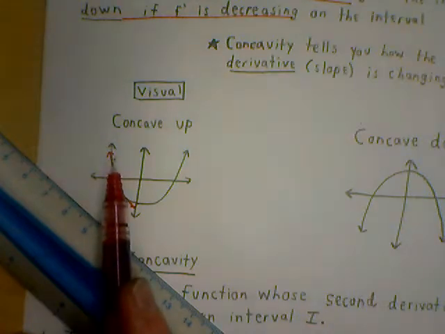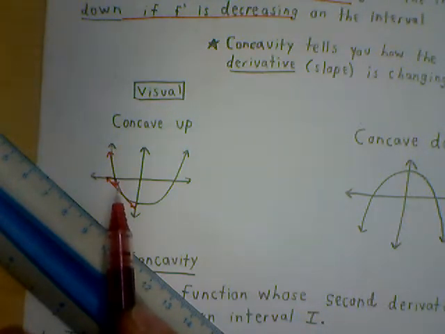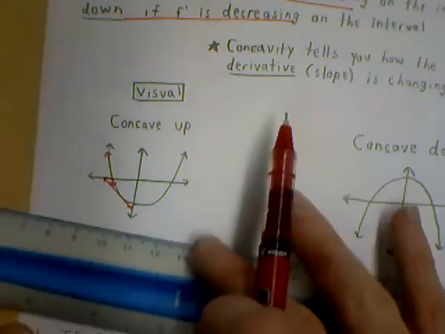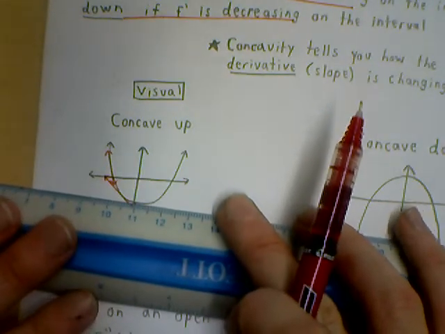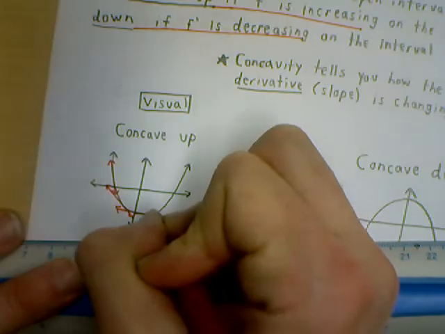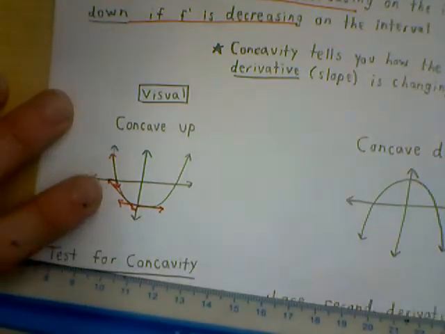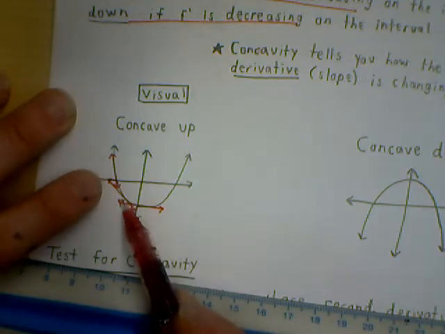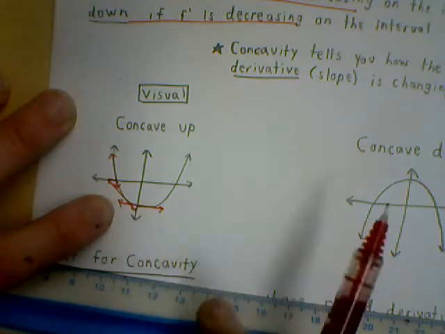So my slope went from very negative to less negative. Now, at this critical point right here, I know that my slope is 0. So my slope went from very negative to less negative to 0.